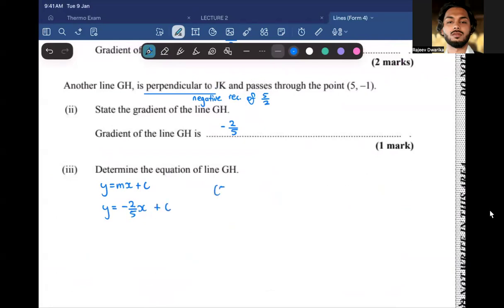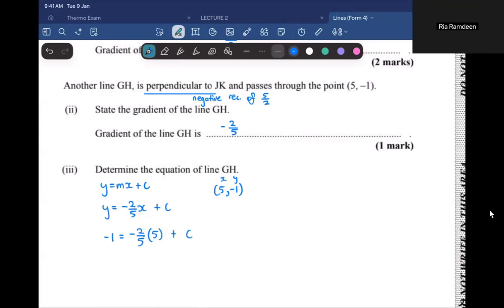The point is (5, -1). x will be 5 and y will be -1. So -1 equals -2/5 times (5) plus c.